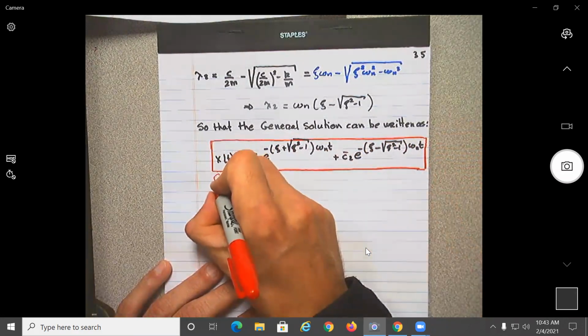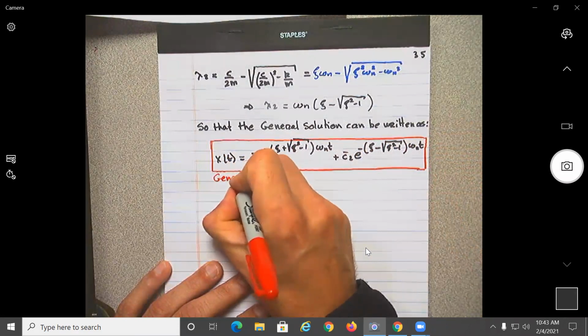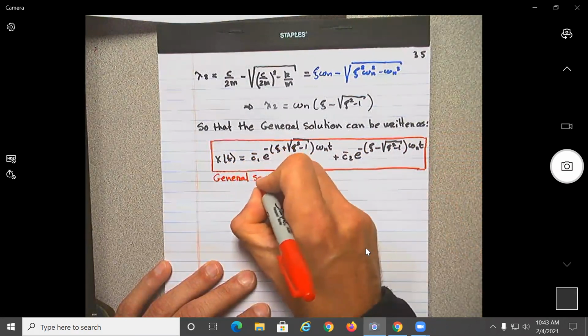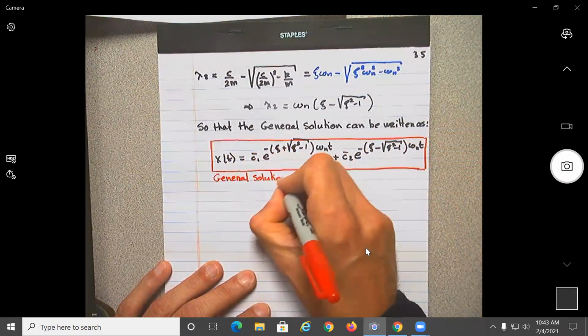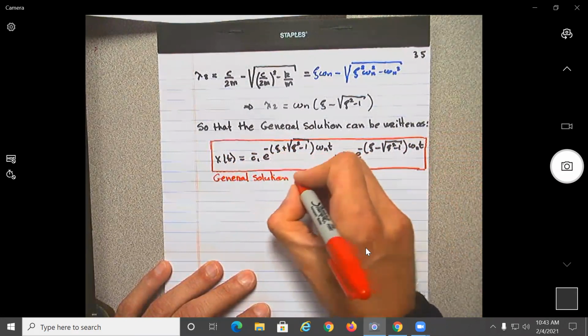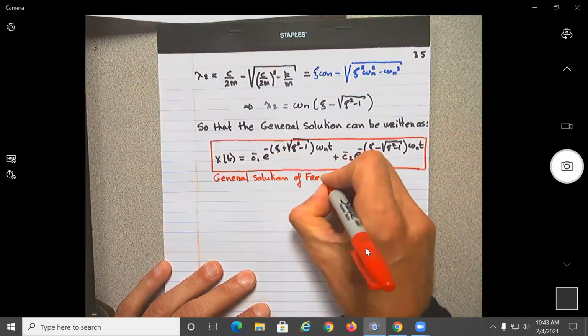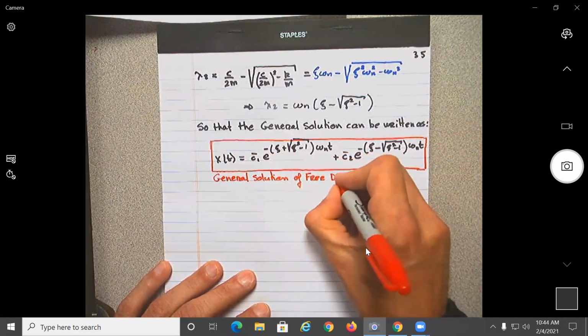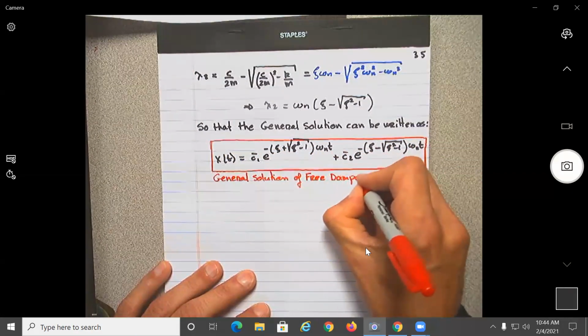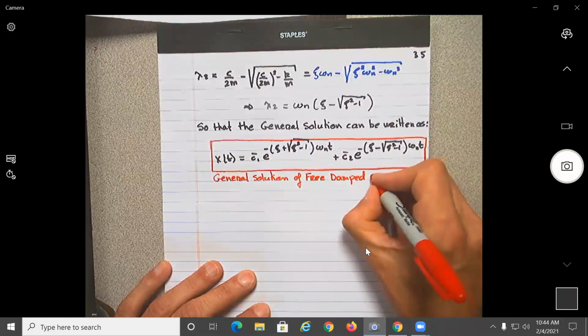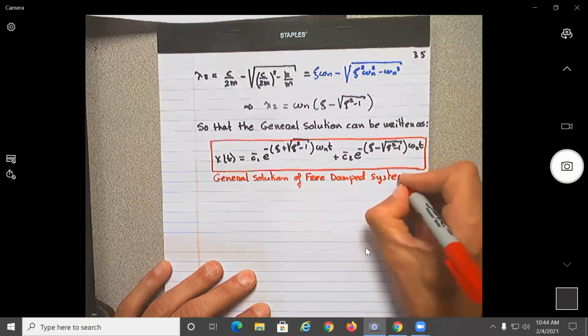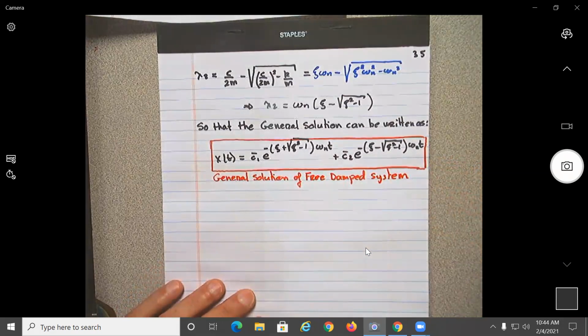So this is the general solution again of a free damped system.